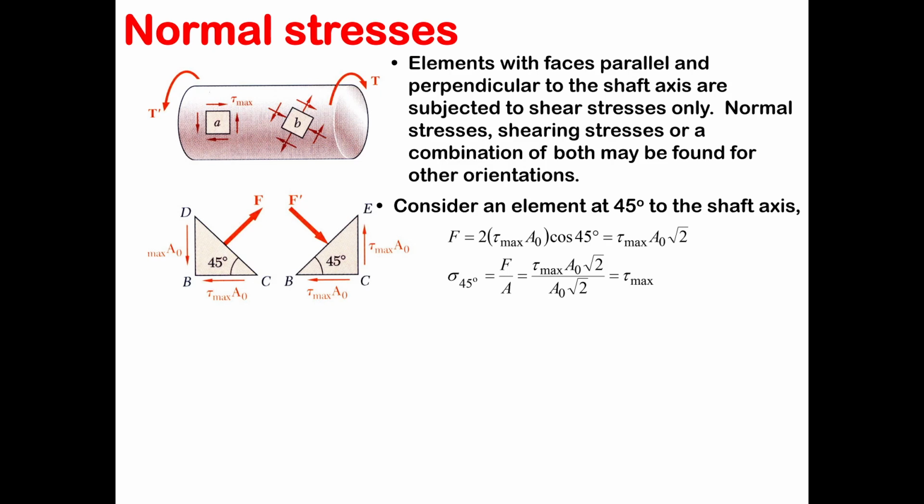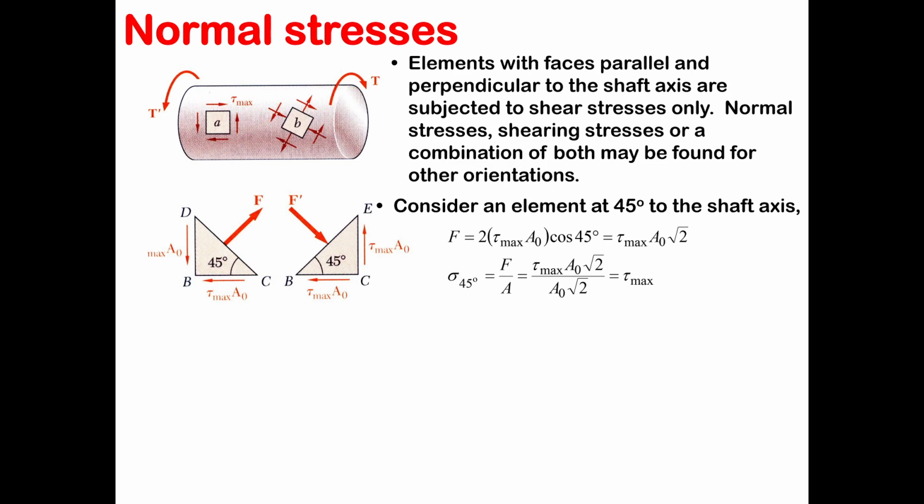The normal force is going to be equal to 2 tau max multiplied by A naught cosine of 45 degrees, which means that your normal force is going to be equal to square root of 2 tau max multiplied by A naught. And keep in mind that A naught here is the projection of the area on that element, right?